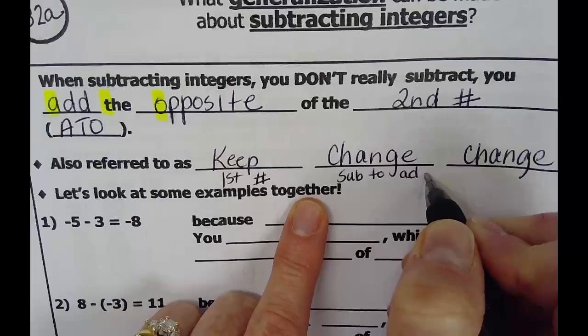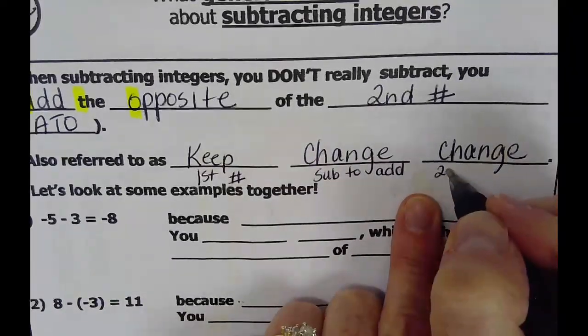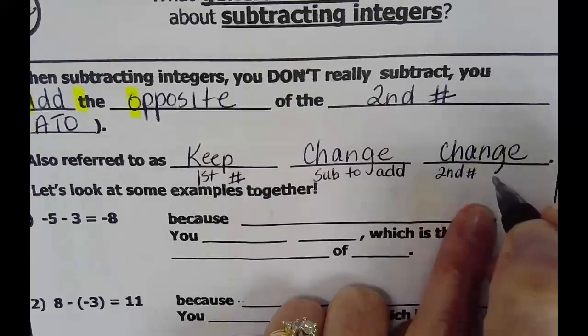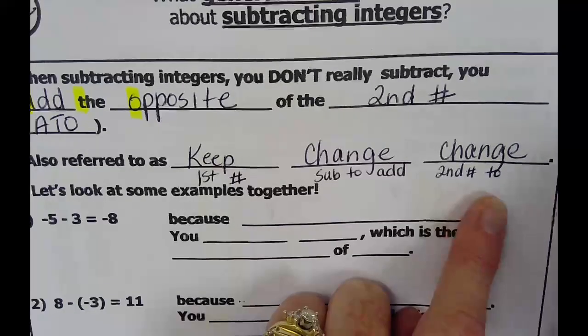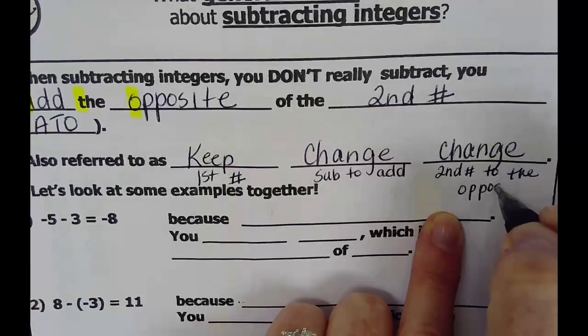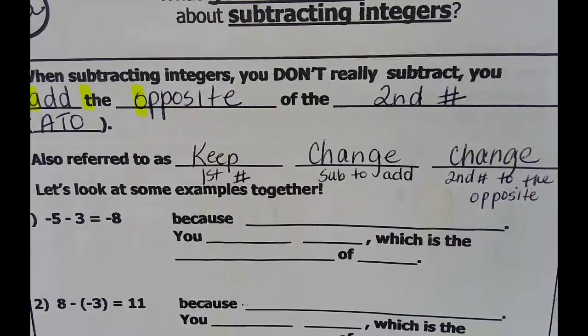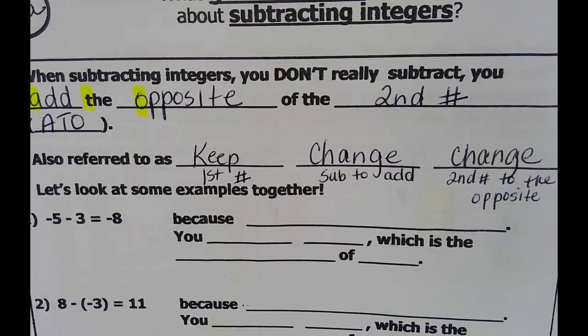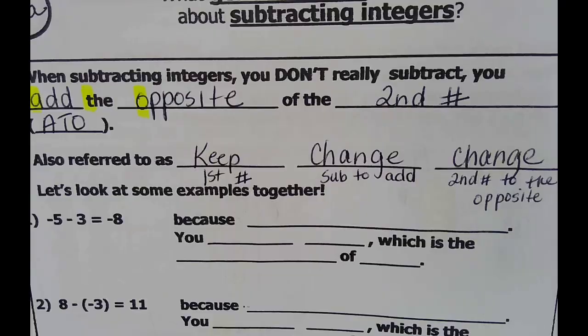Subtraction to addition. And then we change the second number to what? No, it's keep, change, change. Its second number changes to the opposite. That's if you're talking about dividing fractions. We're not flipping the number, we're changing it to its opposite. A flip is going to be a change of numerator and denominator.